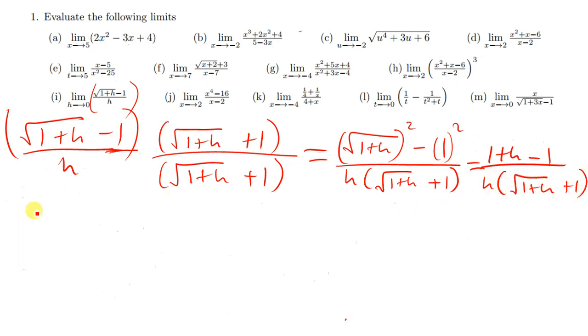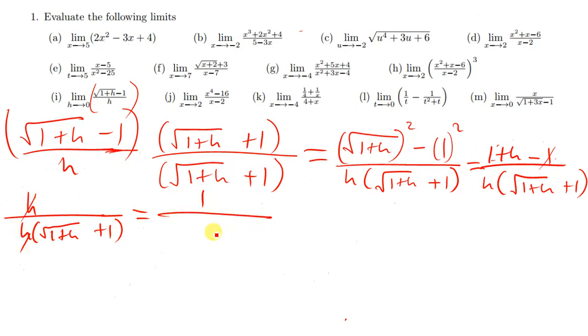So we can simplify this further. You see that 1 and 1 there, 1 minus 1 will give you a 0, so we just remain with h on top. Then down there you have h multiplied by the root of 1 plus h plus 1. So this h and that h will cancel.